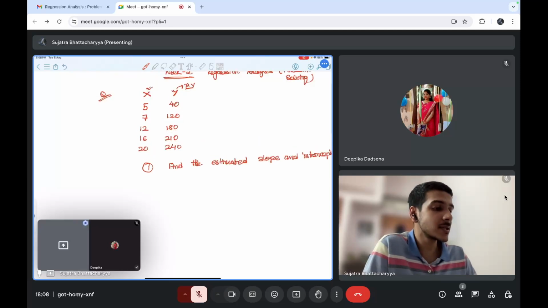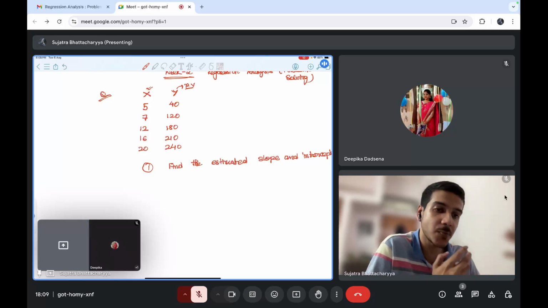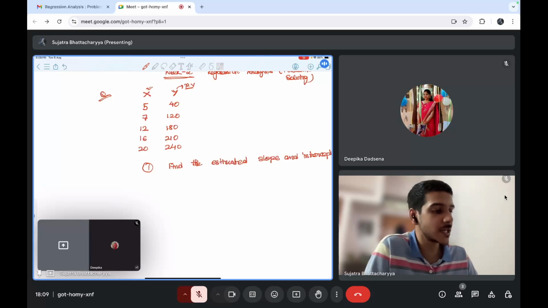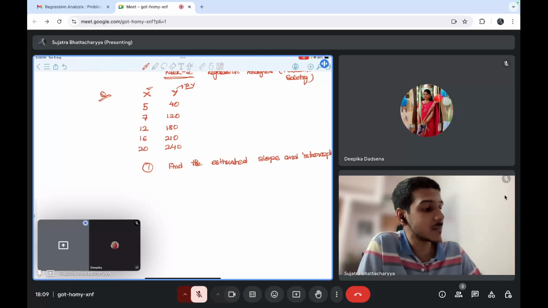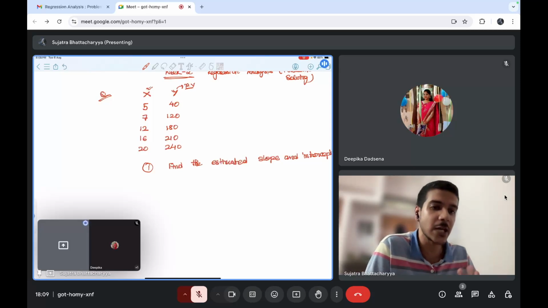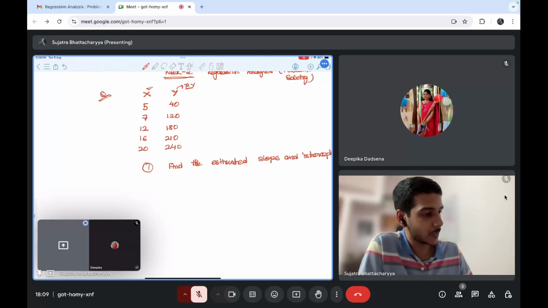What we know is the sample points given to us. We don't know the actual distribution of y or its population parameters, so we have to estimate them, that is, the intercept and slope of the population. Whenever we calculate the slope and intercept in linear regression based on a data set given in any question, that is nothing but the estimated value, not the real one.